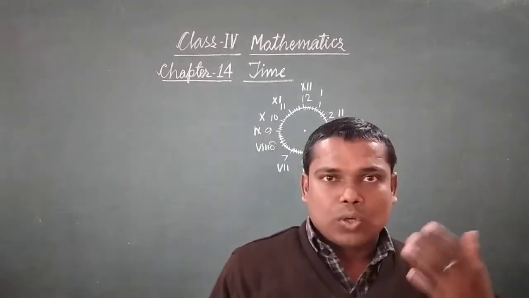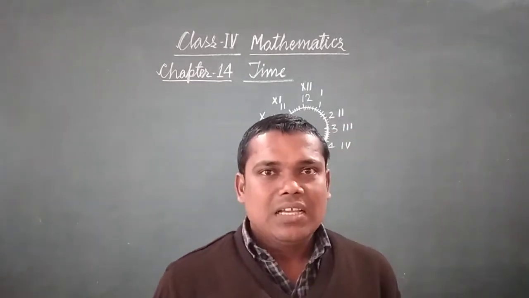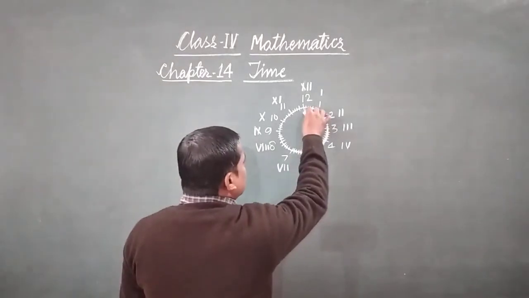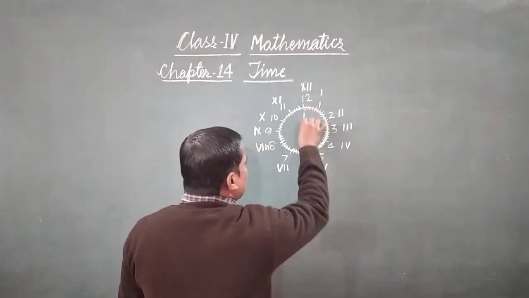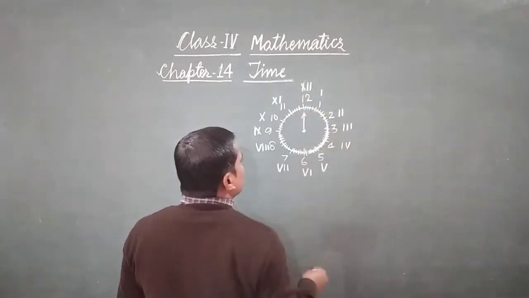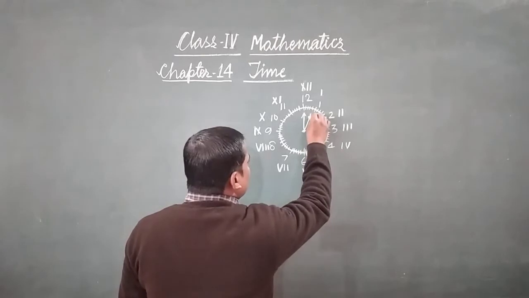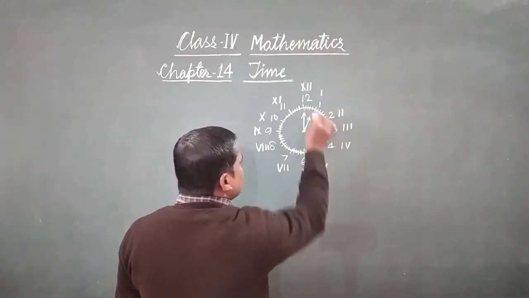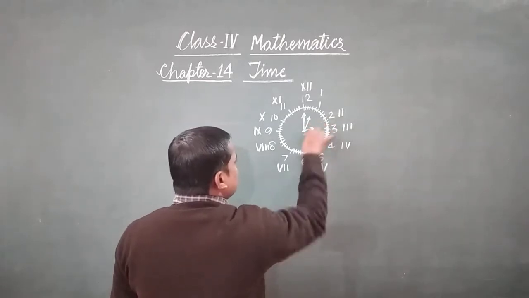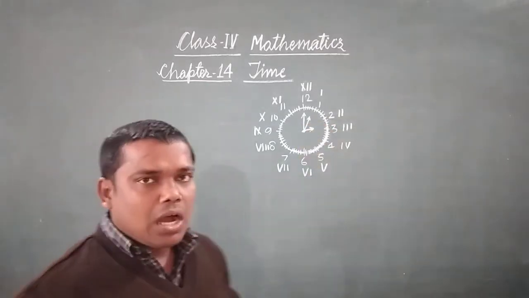You know that the clock has 3 hands. One is called the second hand, the thinnest or the longest hand of the clock. Then we have one a little smaller and thicker than this, which is the minute hand, and then we have the hour hand. Means the smallest hand is called the hour hand.